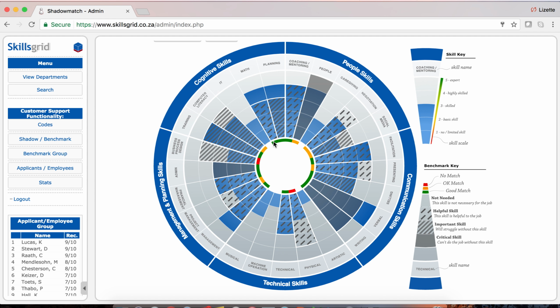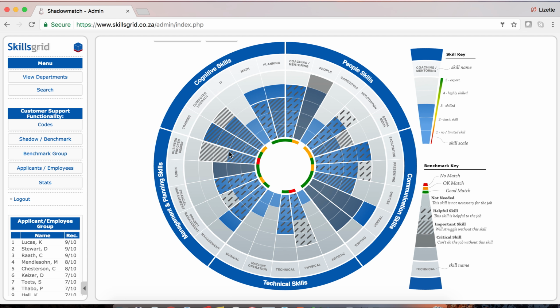Let's look at one of the red indicators. We can see that on business process design, the system interprets the match as a red indicator. The top performers have indicated that business process design is an important skill for the job and you need to be highly skilled in this. Chip indicates that he's got this skill, but only at a basic skill level.